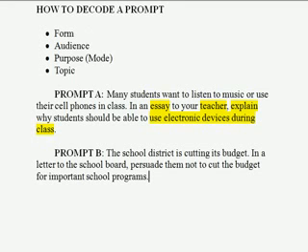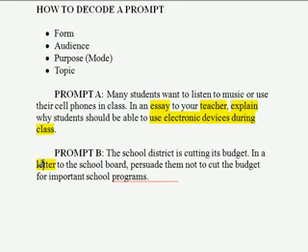So if we look at this prompt, we can see that, again, we have that sort of introductory sentence that doesn't contain any of the information that we're looking for. It's just giving us some background. The school's cutting its budgets. That's why we have to worry about some programs being cut. In a letter, so this time, instead of an essay, I'm writing a letter.